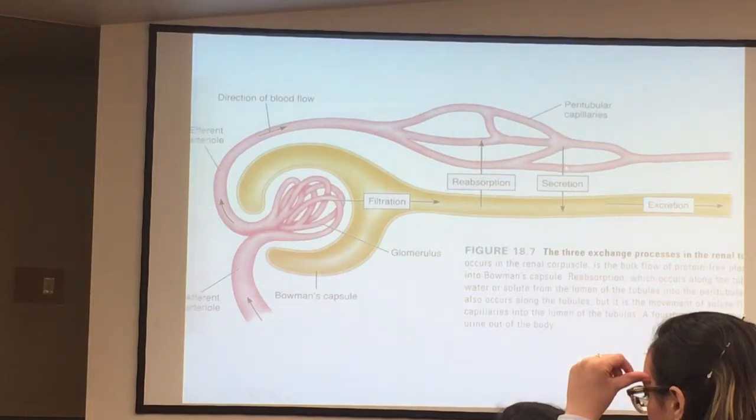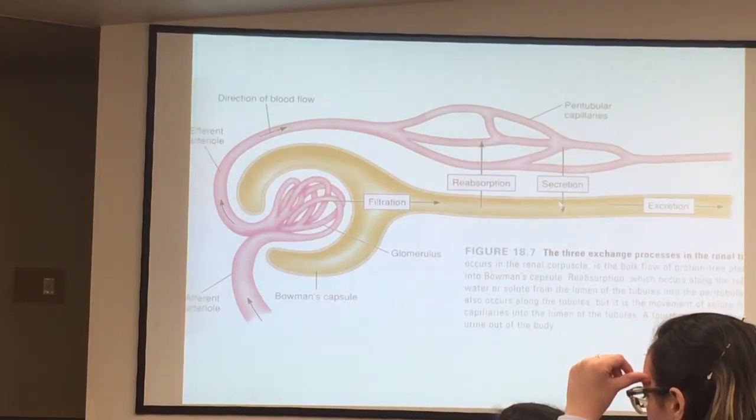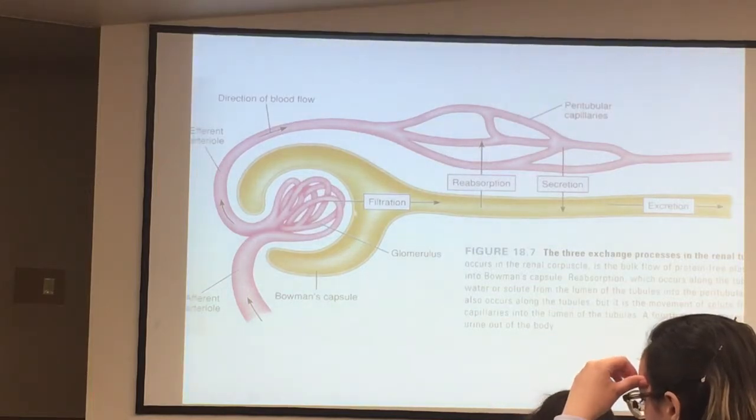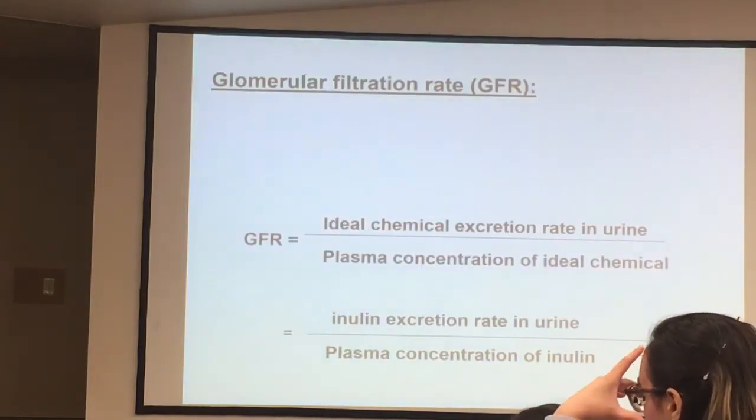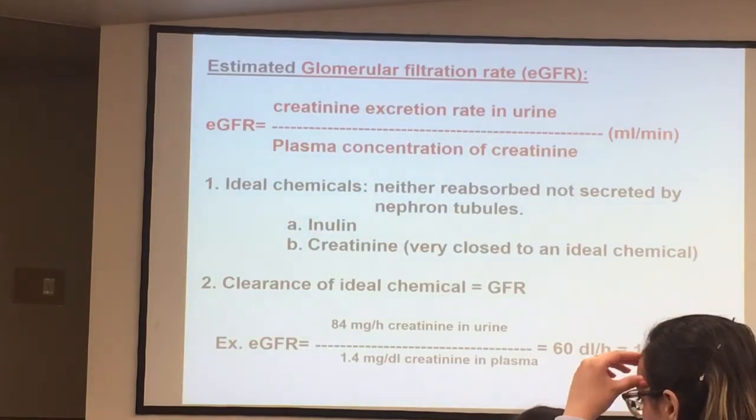That means 10% is secreted into here and there is no reabsorption. So from the concentration of the creatinine, we can know how good our renal tubule is, how good our kidney function is. Okay, and we had an example here.